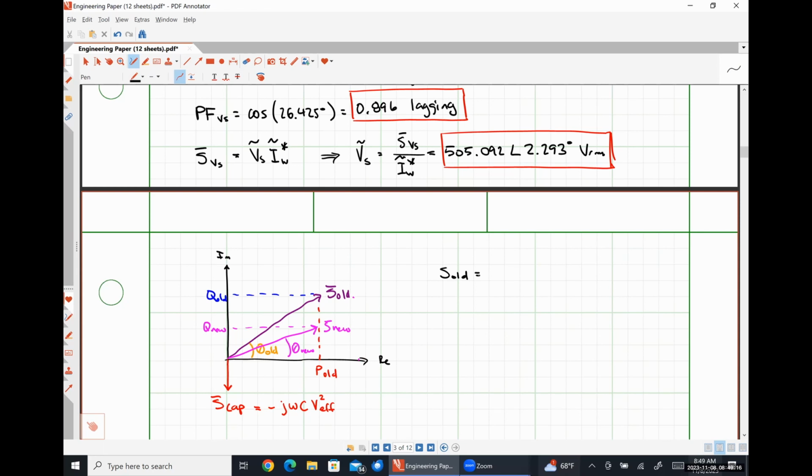S old is simply P old plus jQ old. And S new is P old plus jQ new.